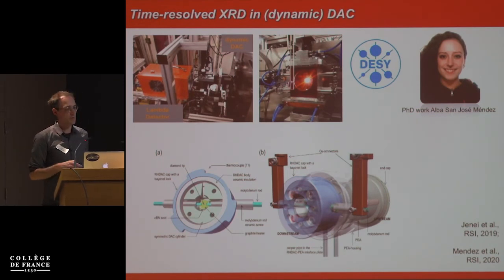And this one is driven by a piezoelectric actuator. The advantage is that the compression is very smooth and that we can tailor the compression path and the speed. And we combine that with time-resolved X-ray diffraction. So these are novel detectors that allow us to quickly measure the unit cell volume, so that basically we make a movie of the compression instead of having individual data points.